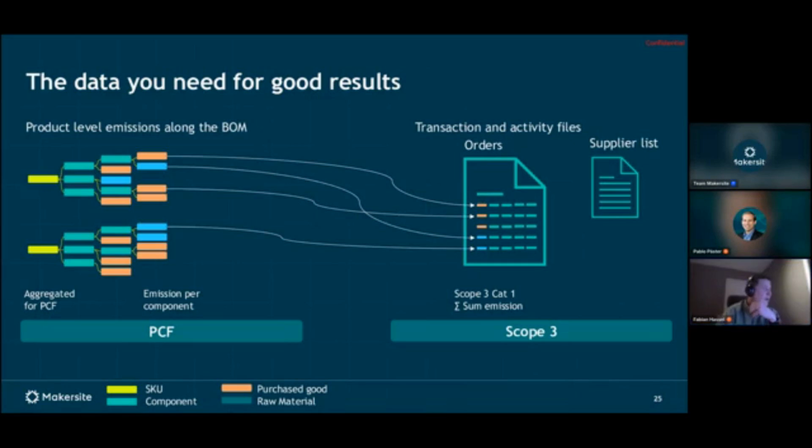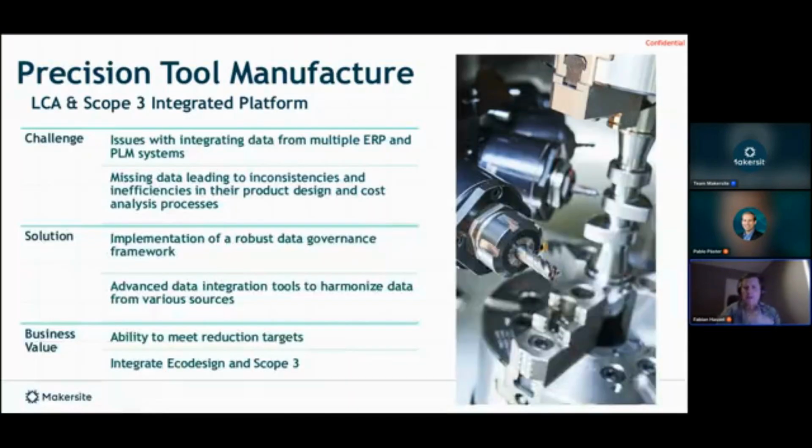So summing this up a little bit, this can end up in some real life stories. Here we have taken the case of a precision tool manufacturer. We didn't really want to name the name, but you'll find a few of them on our webpage.